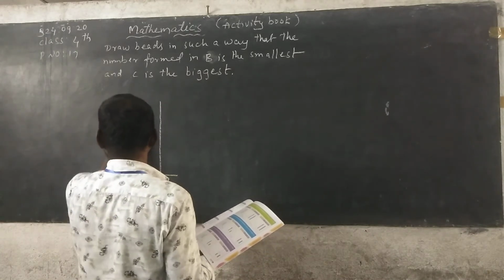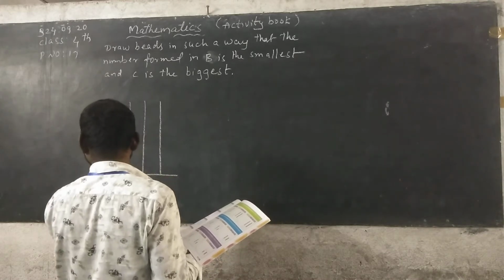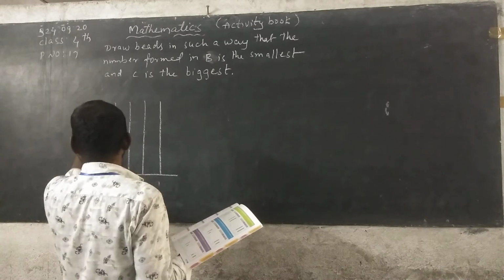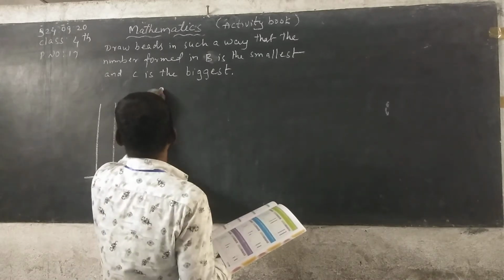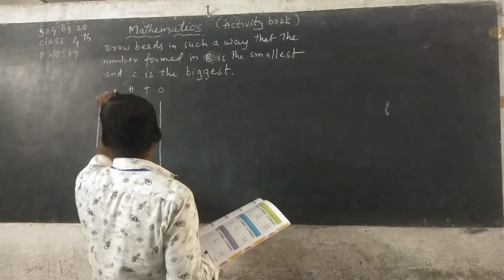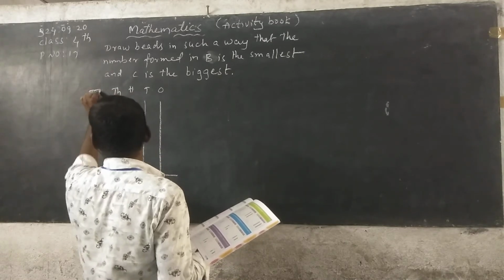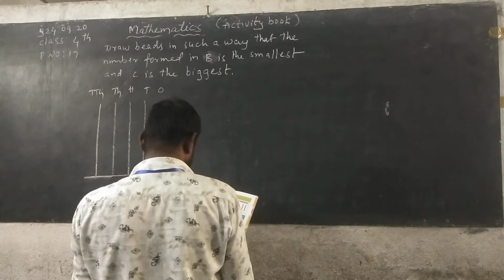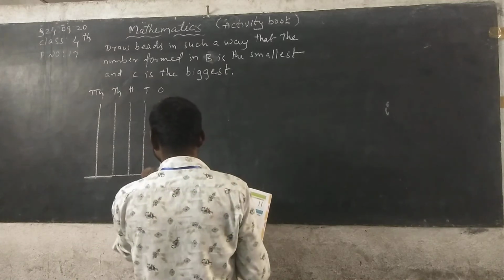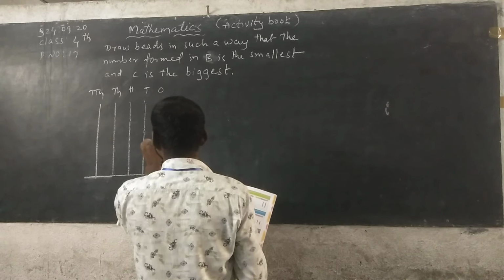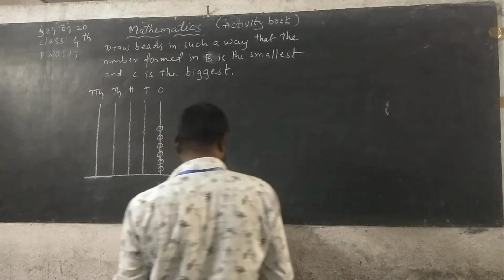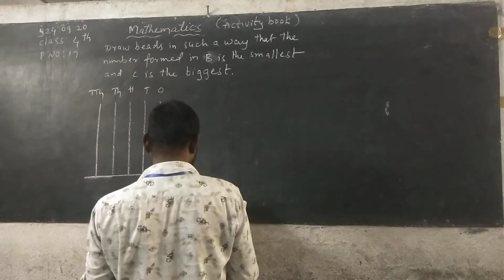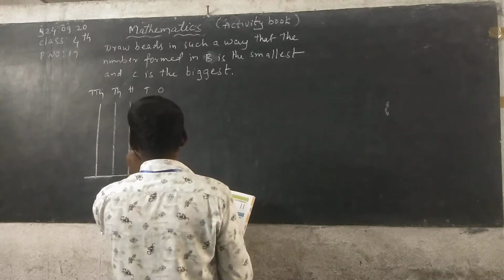Ones, tens, hundreds, thousand, 10,000. 1, 2, 3, 4, 5, 6 beads. 1, 2, 3, 4, 5, 6 beads. Here 4 beads. 1, 2, 3, 4.